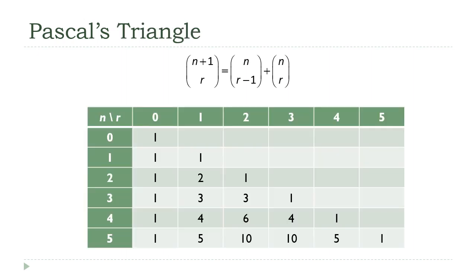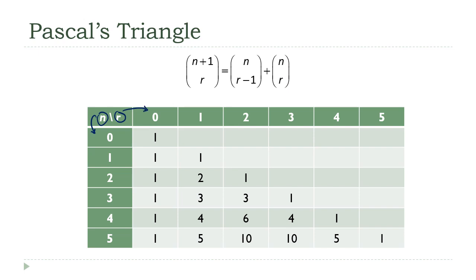So what I've done here is first I put the formula, Pascal's formula, back up there at the top so we have it to reference. And then I filled in this little grid here. The n values are the numbers here in the rows, and the r values are the numbers here in the column.